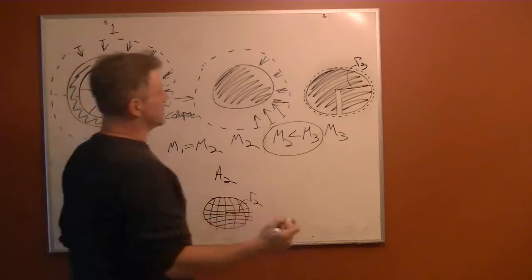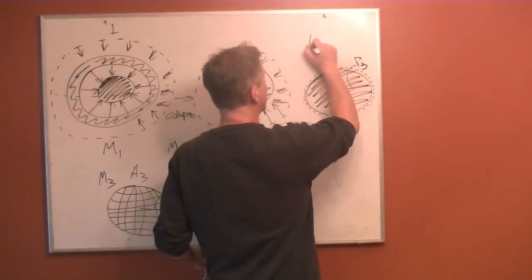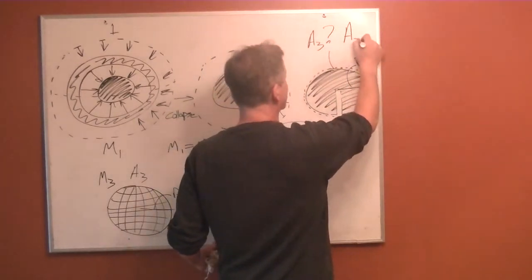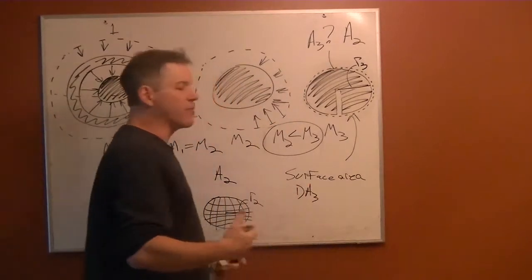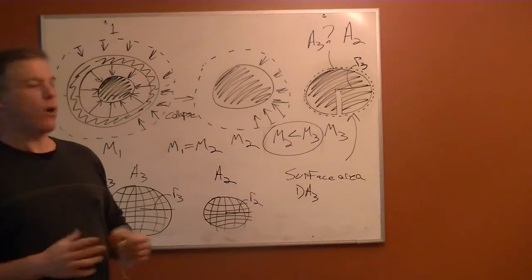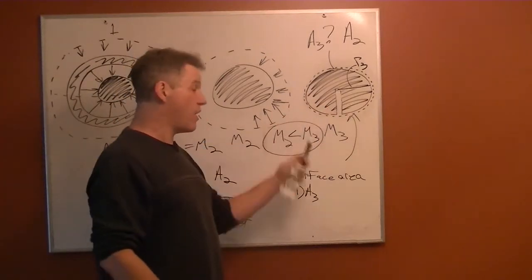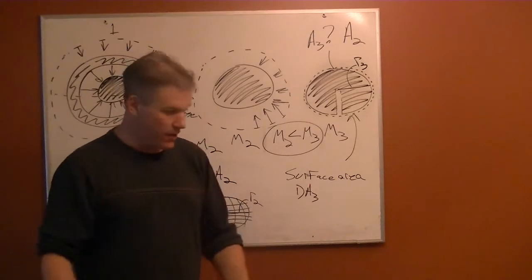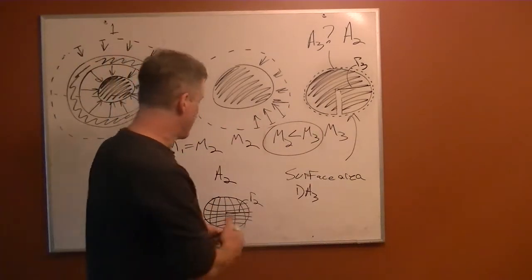The question is this. What is the surface area of this? Is it A3 or is it A2? Option 1: the surface area is A3. There's nothing really hokey going on here. There's the extra mass, we went inside, there was the extra volume, everything's what it's supposed to be. If it has that volume, it has that surface area. Beach balls that have that surface area have that volume, just the way it is.